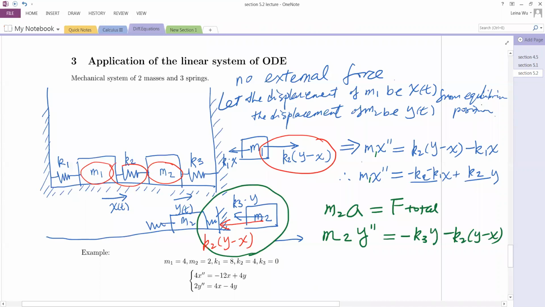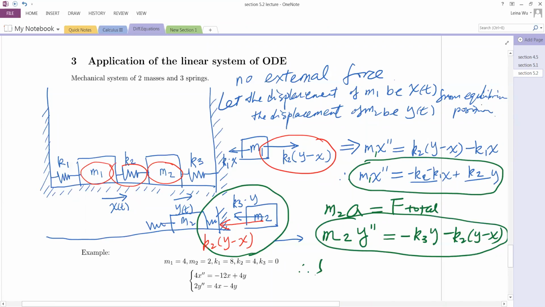All right, so the system of equations about x and y can be composed using these two. So M1 x double prime would be negative K1 plus K2 times x plus K2 times y. That's the first equation.